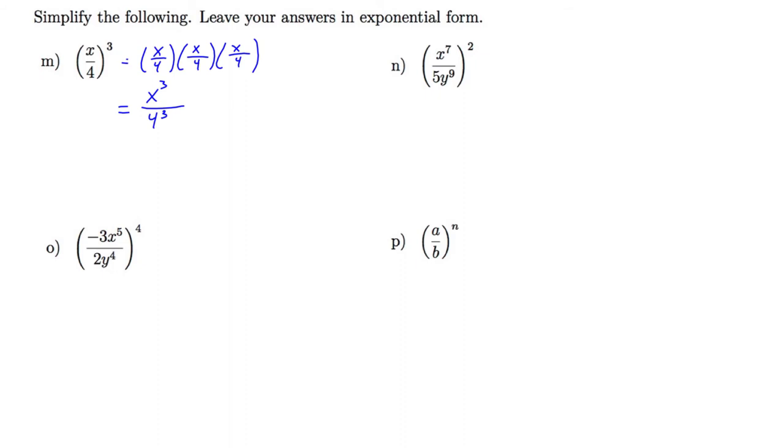In part N, we have x to the 7th over 5y to the 9th in parentheses squared. We know that squared tells us we'll have two of these, x to the 7th over 5y to the 9th, multiplied by each other.